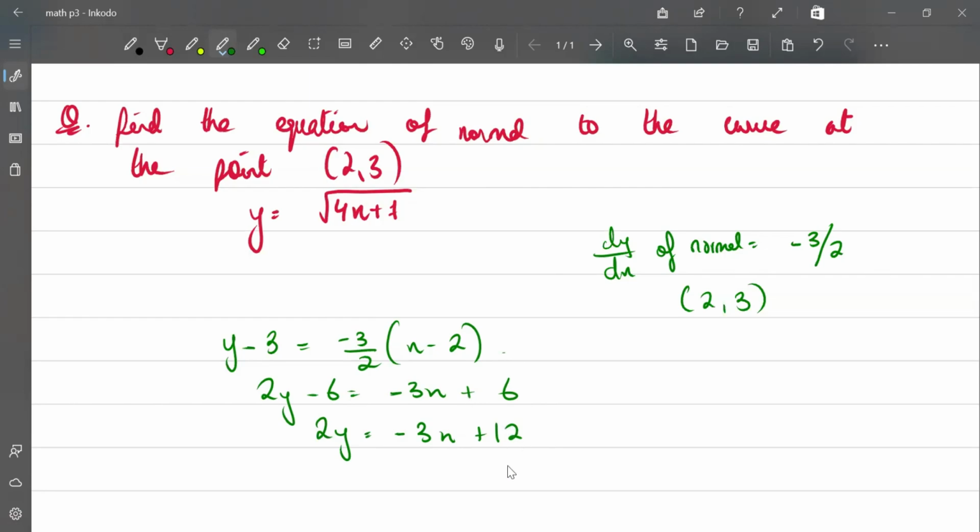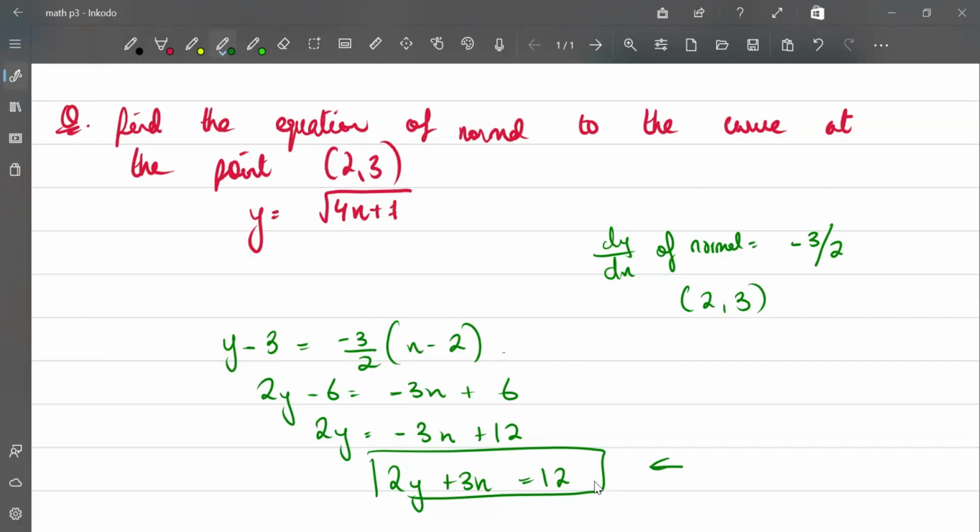Right, so this is the equation, or you can write it like this, even better. So this was really easy, and these two concepts are something you should already know by now, something which you have already studied in AS, right?